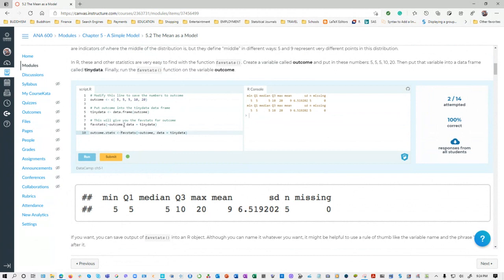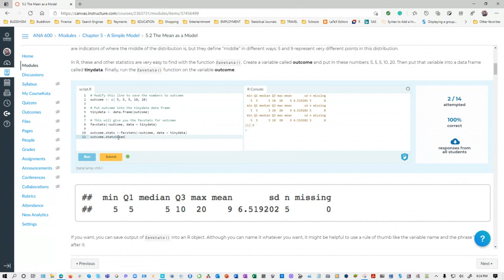This is for that one, not for this one. Now I'm going to go to this outcome stats, and inside that one I need the mean. Give me the mean.